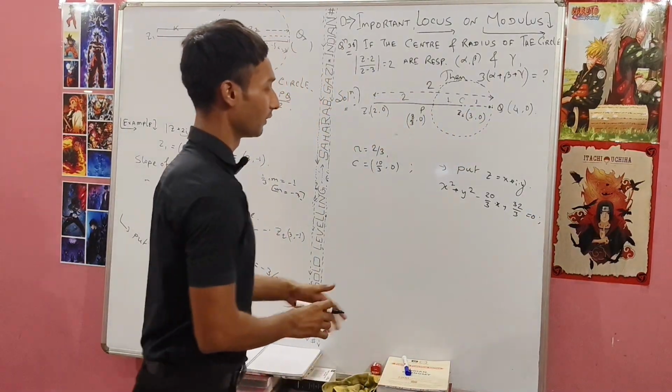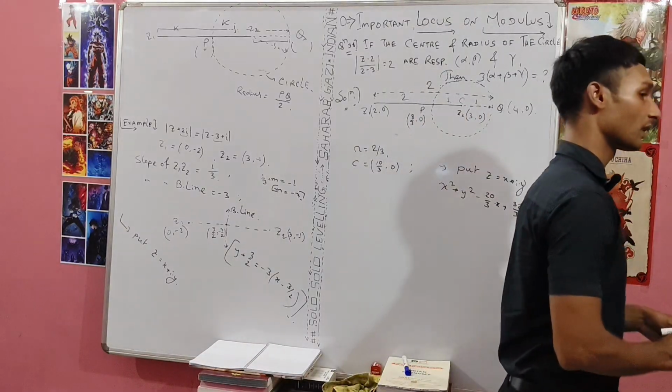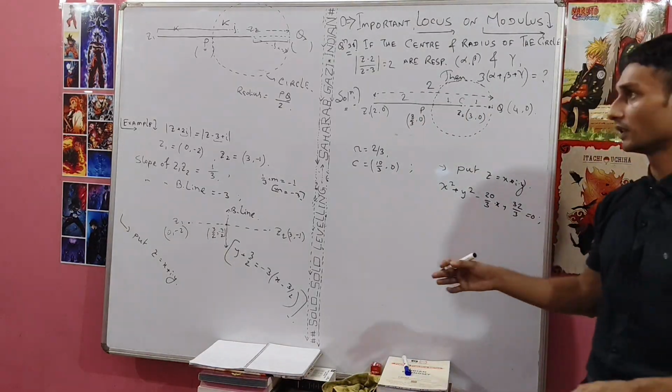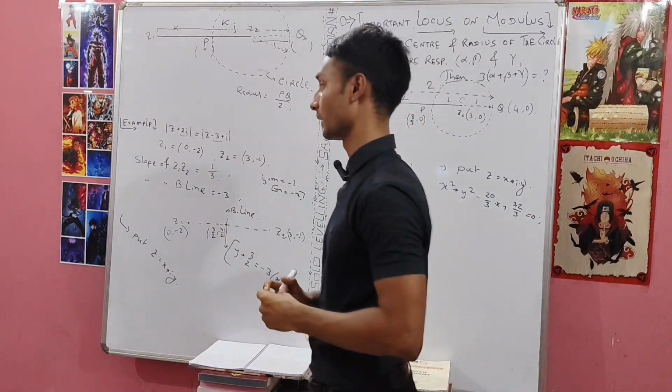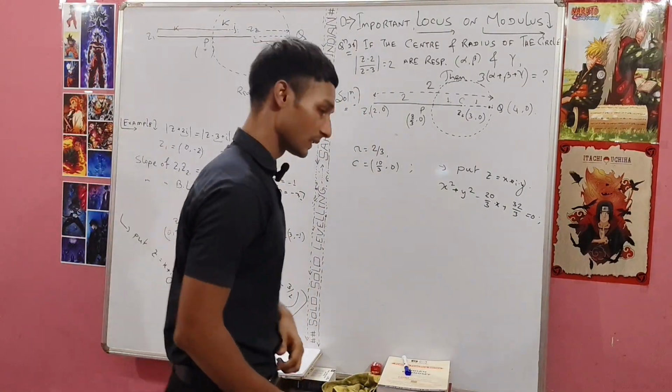From this equation you will get f and g and c, and also the radius will be root over f square plus g square minus c. Okay, the same you will get.